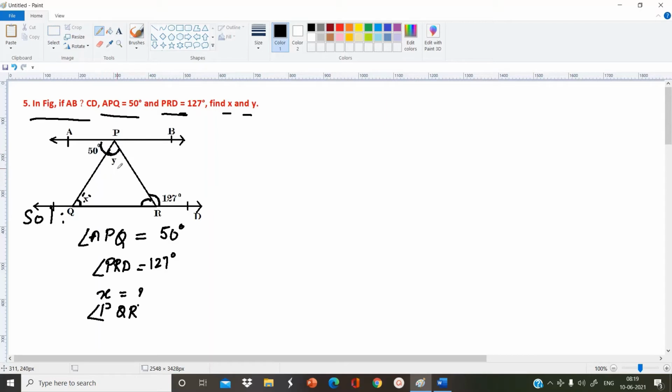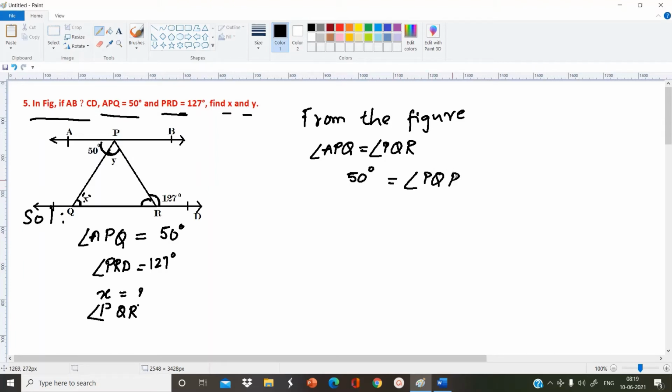So we can write angle APQ equals angle PQR. So what is given in the figure? Angle APQ is 50 degrees. So 50 degrees equals angle PQR. That means angle X equals how much? Angle X equals 50 degrees.